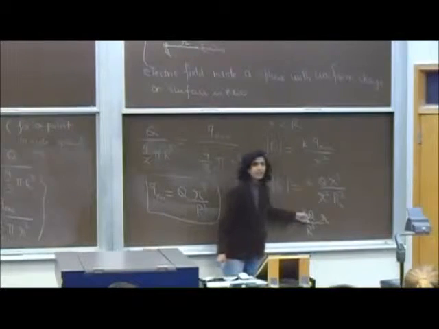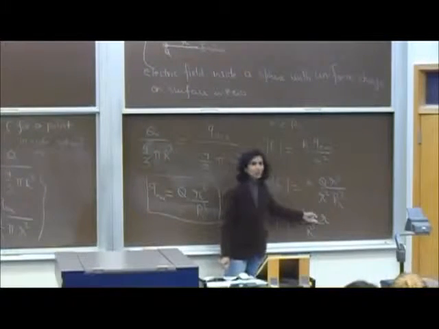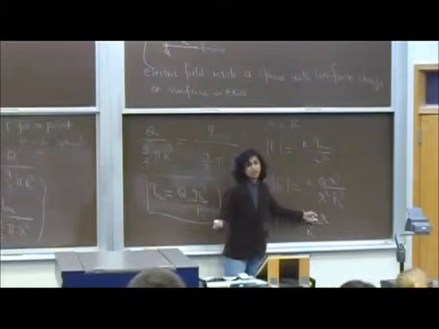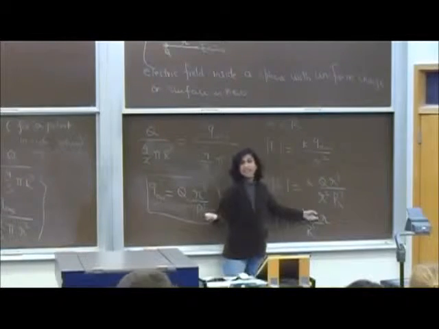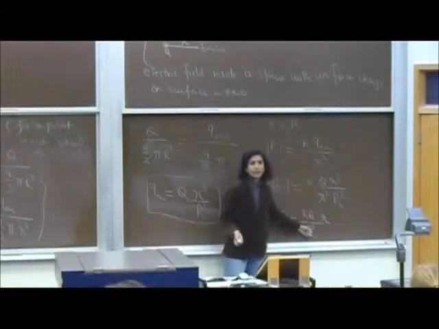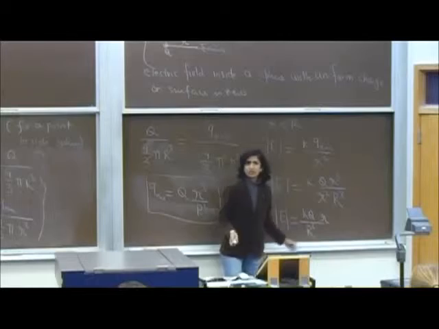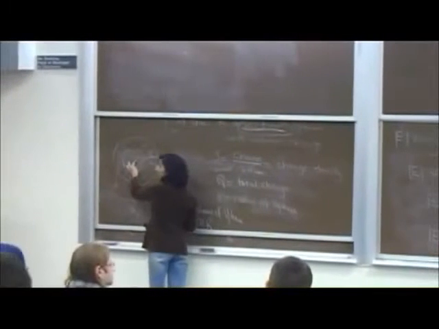Is k constant? Yeah, in SI units it's 9 times 10 to the power 9. Is q constant? Yeah, you told me how much is the total charge. Maybe it's 10 to the power minus 6 coulomb, maybe it's 2 times 10 to the power minus 6 coulomb, whatever it is, you have told me it's some fixed number. Is capital R fixed? Yeah, you have told me what is the radius of this ball, yarn ball. So the only thing that is variable is small r.